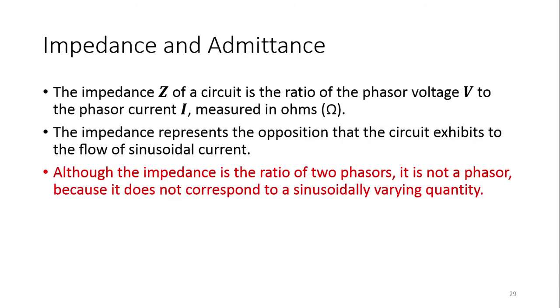The impedance Z of the circuit is the ratio of the phasor voltage and phasor current, as we have just seen. It is measured in ohms, and impedance represents the opposition that a circuit exhibits to the flow of sinusoidal current.